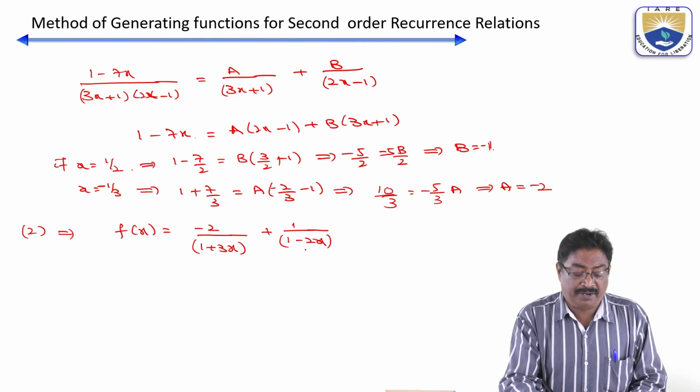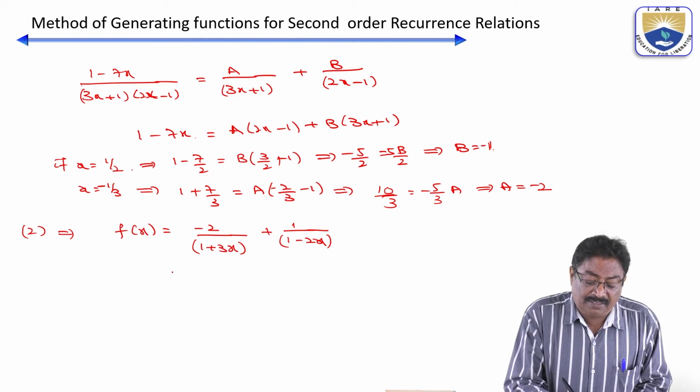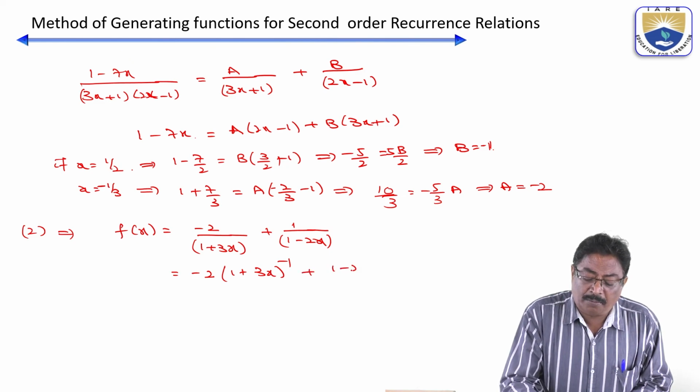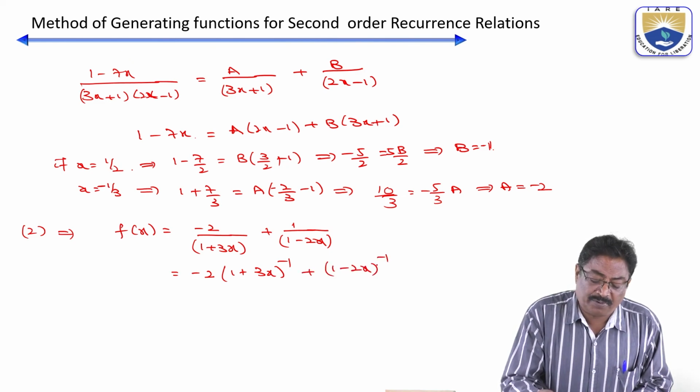I am just taking common as minus 1. So this is −2 times (1 + 3x)^(−1), and (1 − 2x)^(−1).